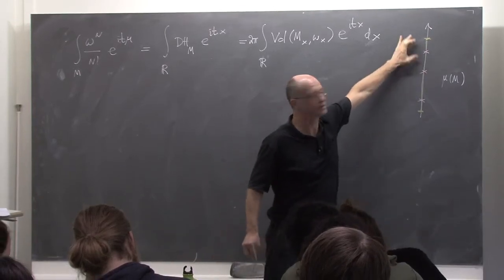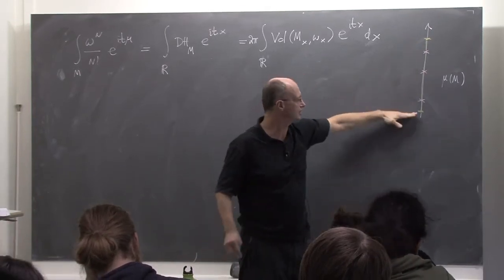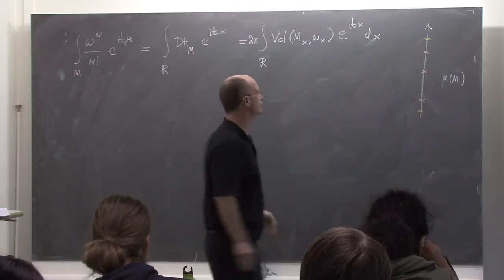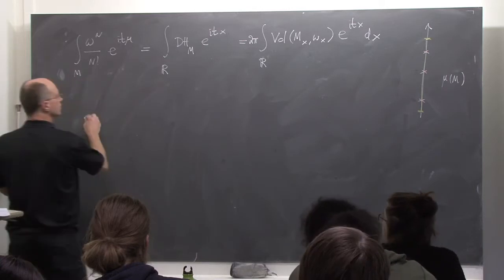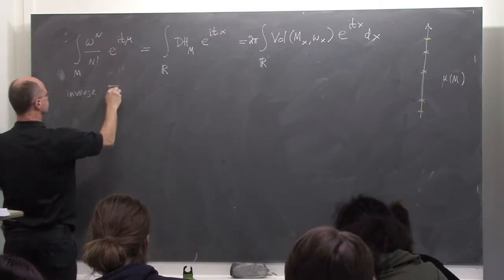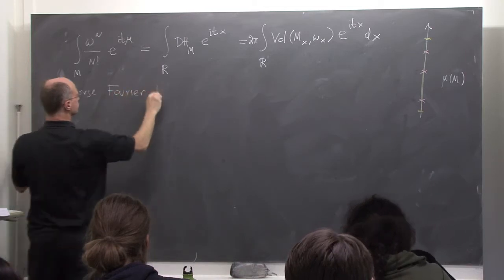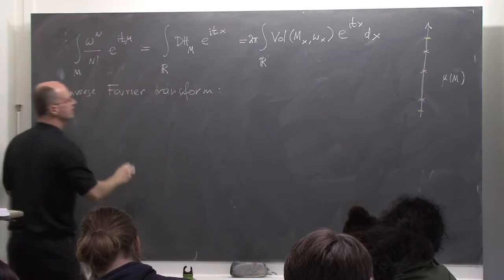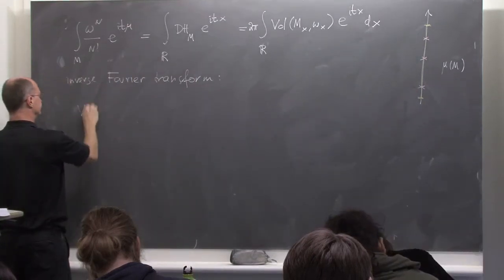On each of those segments it's polynomial, it's 0 outside this segment, so this function is sufficiently nice to apply the inverse Fourier transform.